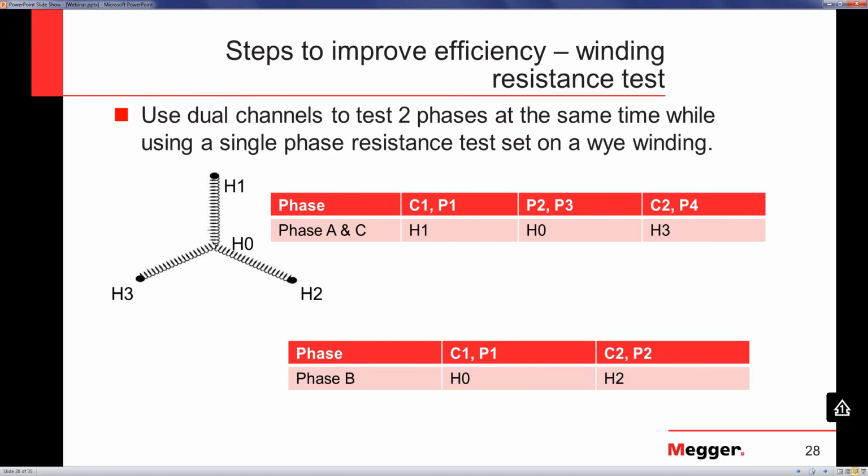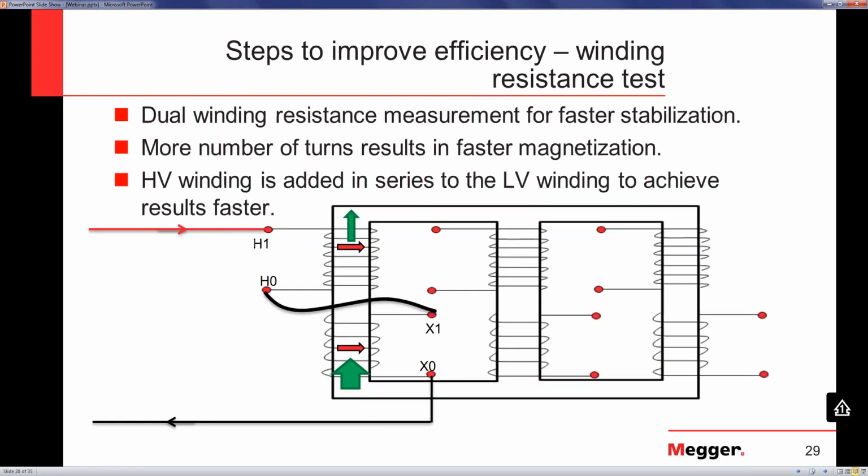So you end up getting two readings at the same time. And then you run through the whole range of taps, and once you're done with the measurements for A and C phase, you switch the leads to phase B and you do the test again at all taps.